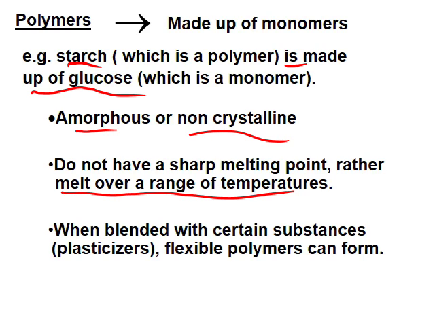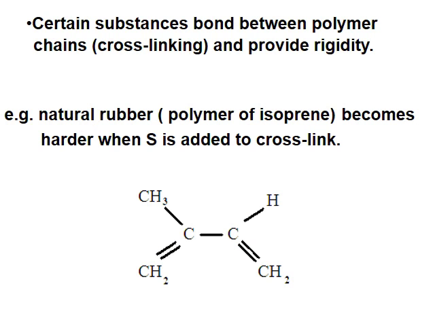When blended with substances often called plasticizers, these polymers often become more flexible. So their properties can be changed by adding other substances. Now there are substances which bond between polymer chains, often called cross-linking agents, and they provide rigidity to a polymer structure.